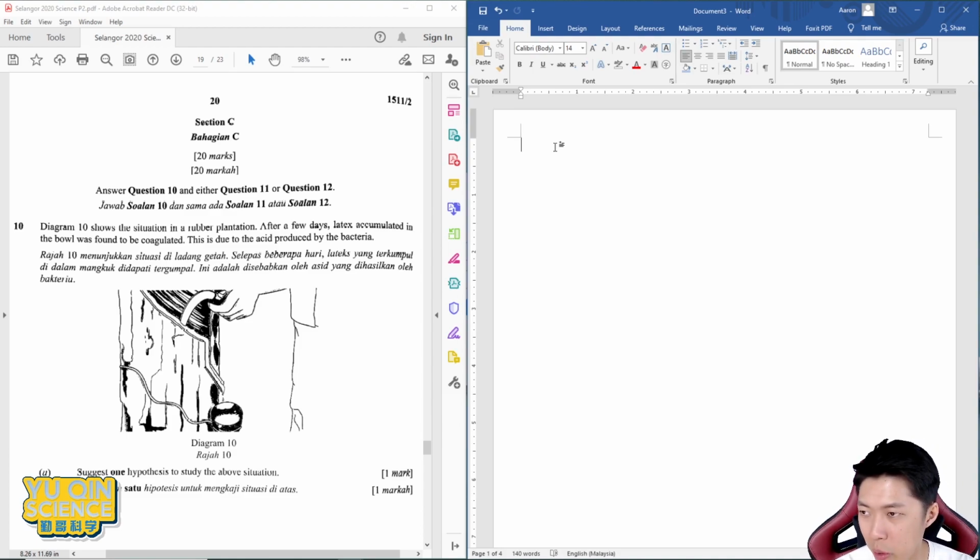So what question is this? This is about rubber, latex. Then we know this must be your Form 5, Chapter 4, the back part where you add acid and alkaline. Latex accumulated in the bowl was found coagulated. This is due to the acid produced by the bacteria. It means if you put it on the table and don't do anything about it, it will still become solid.